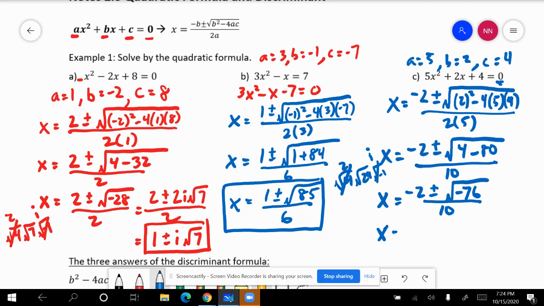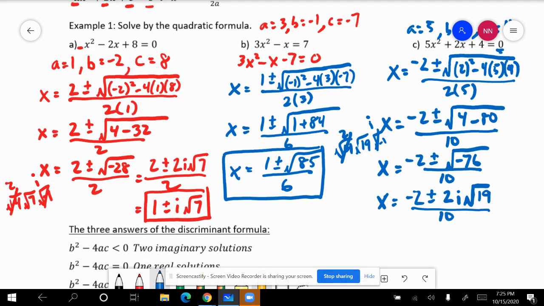So what we have is x equals negative 2 plus or minus 2i square root of 19, and then we're dividing that by 10.